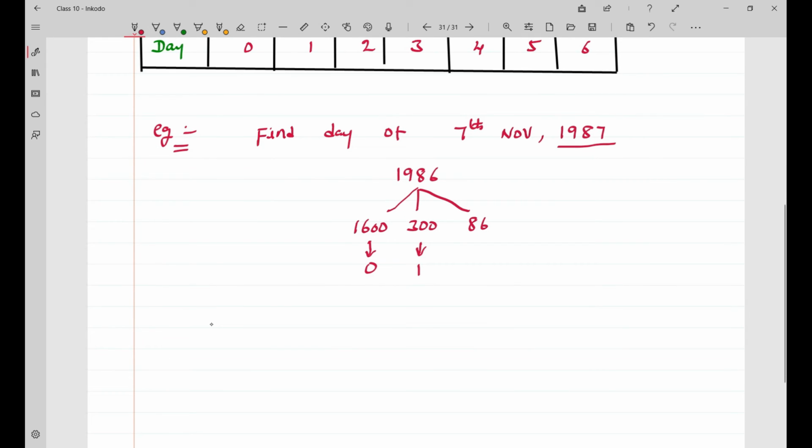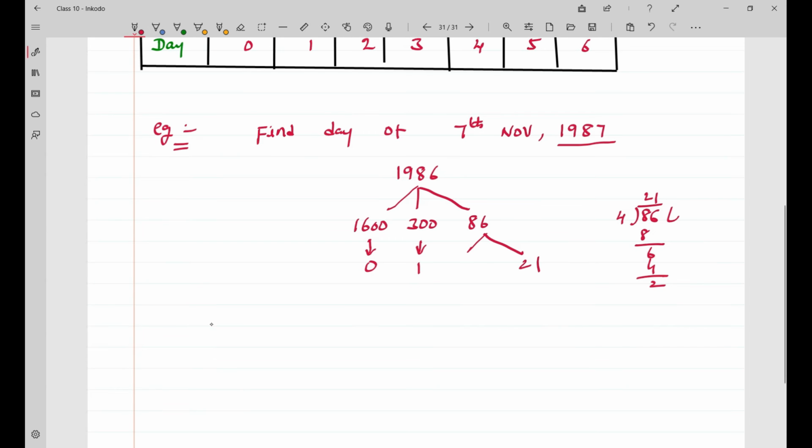Now let's see odd days in 86. 86 divided by 4, we got 21 leap years and the remaining are normal years.